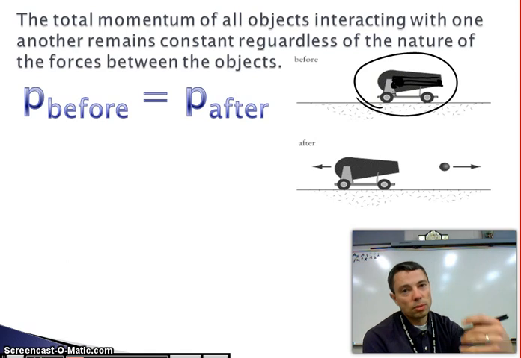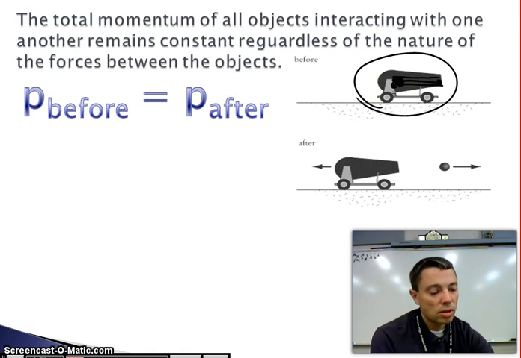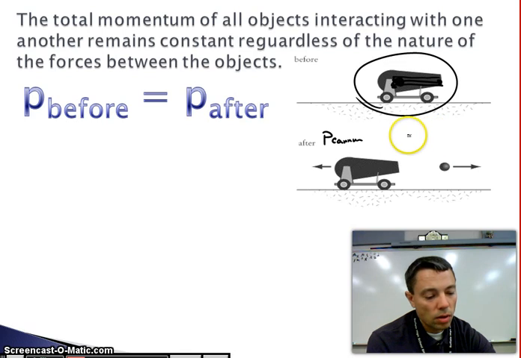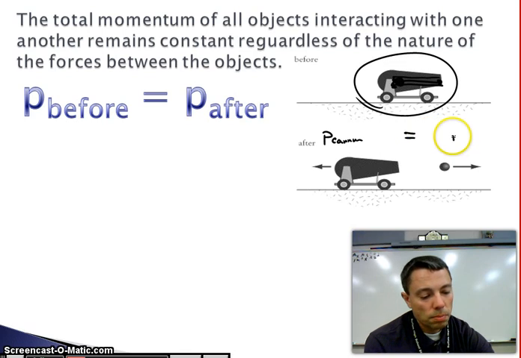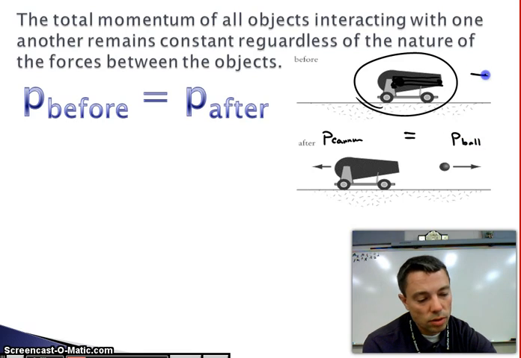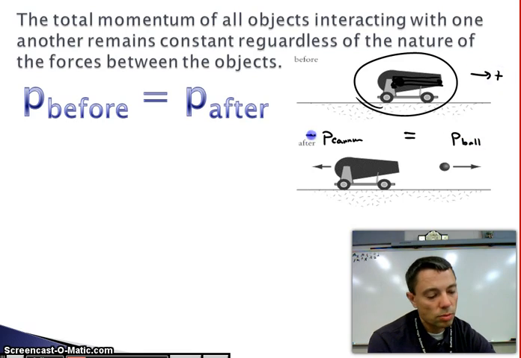The amount of momentum that we're going to have after is 0, which means that the momentum of the cannon is going to be equal to the momentum of the ball, but in the opposite direction. So if I consider this to be the positive direction, this would be negative.